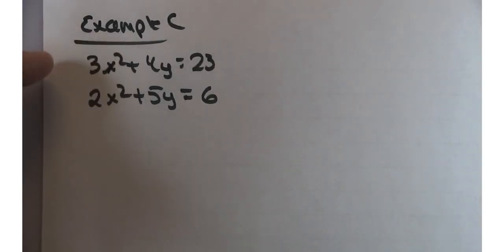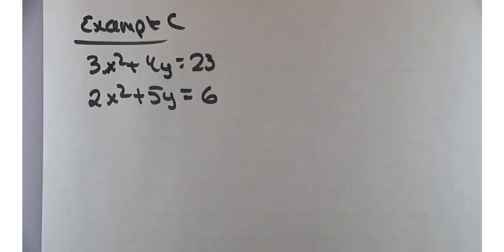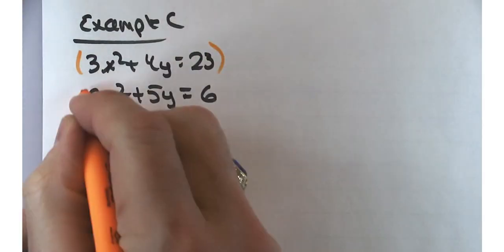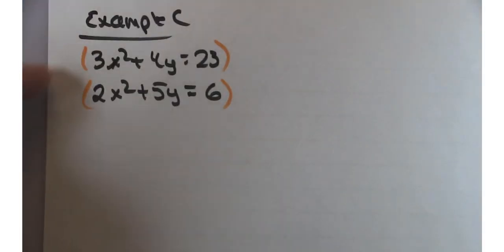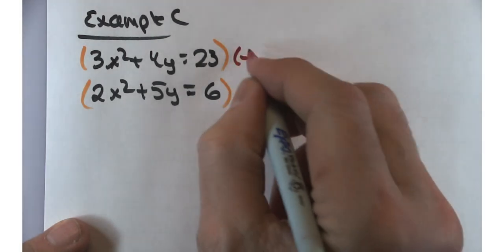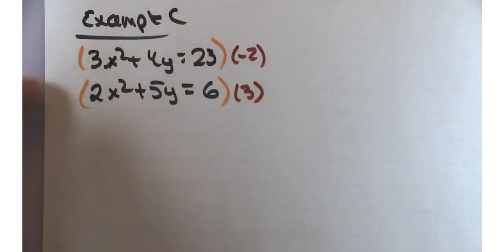Do you want to get rid of the x squareds or the y's? Which one do you want to get rid of? X's? All right. So that's going to mean we're going to multiply each of these by something. -2. Nice. Well done, Antonio. Multiply the top one by -2, the bottom one by 3.